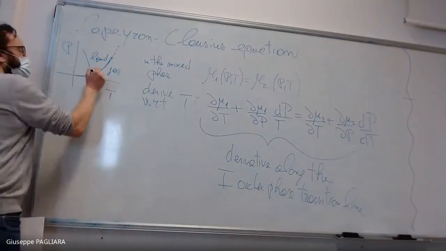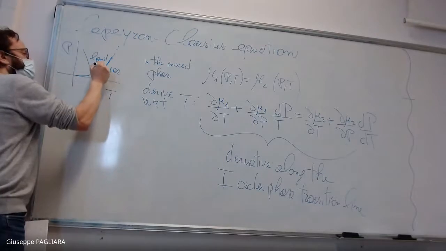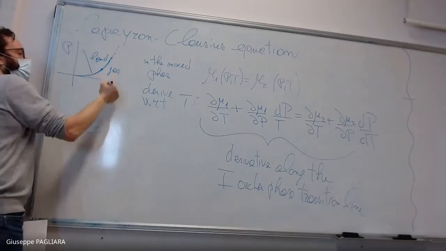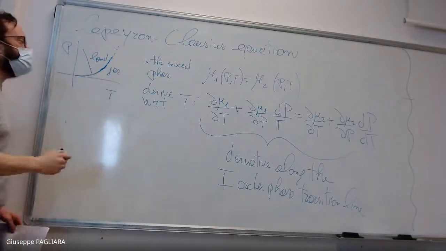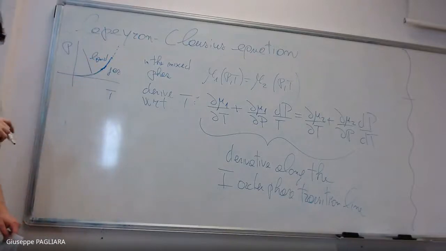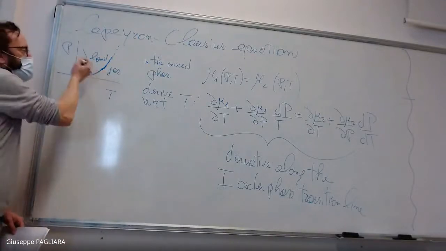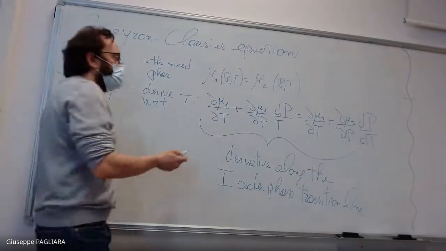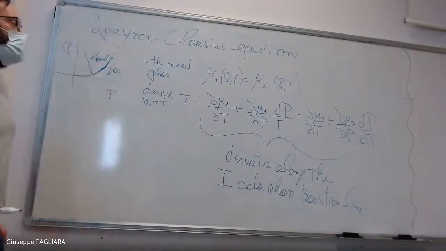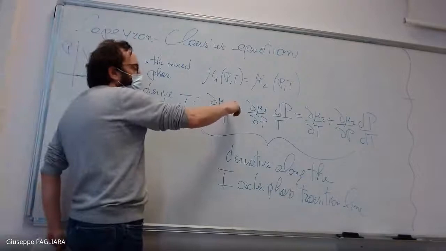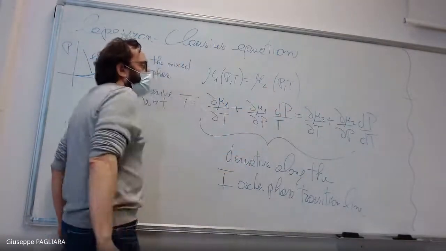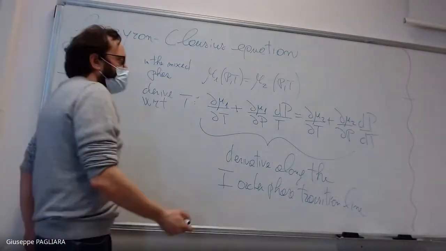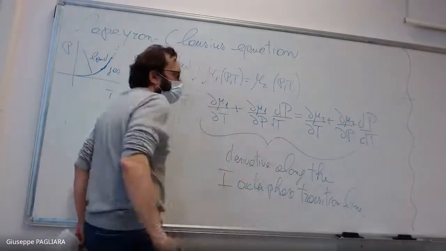So I'm moving basically here. I consider a point here and I provide an incremental perturbation in temperature. And by moving on this line, I have to consider the fact that the pressure is not independent, so it depends on the temperature. That's why, when deriving this with respect to temperature, I do the derivative of mu1 with respect to temperature, plus, using the chain rule, the derivative of mu1 with respect to pressure times the derivative of pressure with respect to temperature.